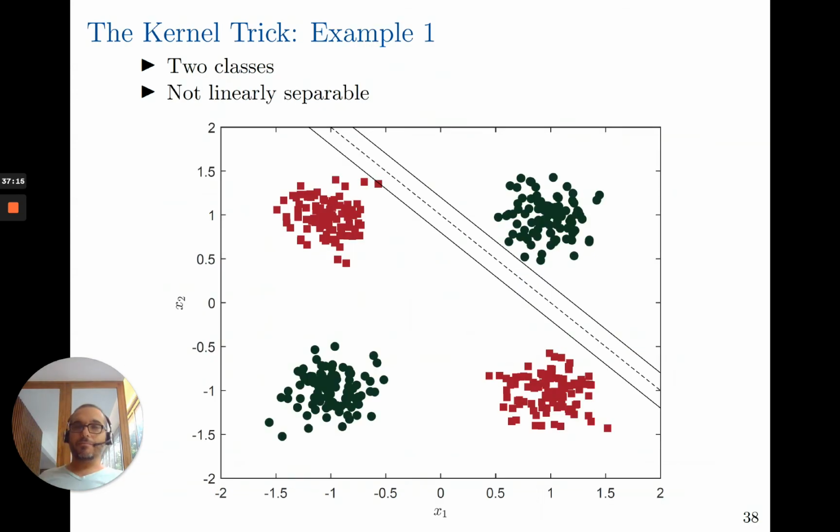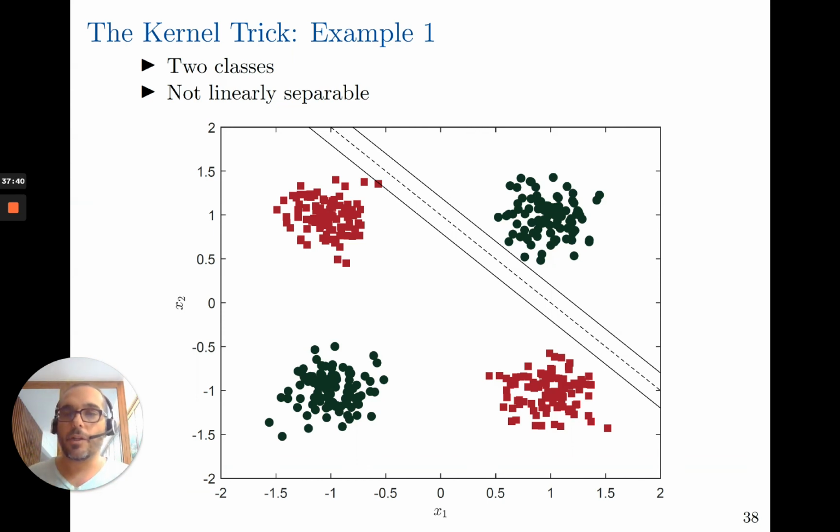So the support vector machine in its general form is a kind of nonlinear separation device. Imagine here we have 2 classes, the reds and greens. Of course they are not linearly separable. If we try to fit a linear support vector, that's what we get, the dashed line and the margin defined by the black lines.